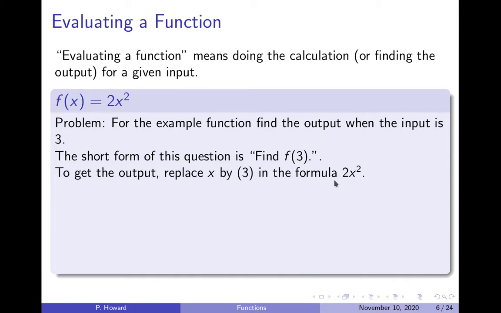That's the formula 2x squared. So if you do that, we find that f of 3 is 2 times 3 in parentheses squared. 3 squared is 9. Multiplied by 2 gives you 18.